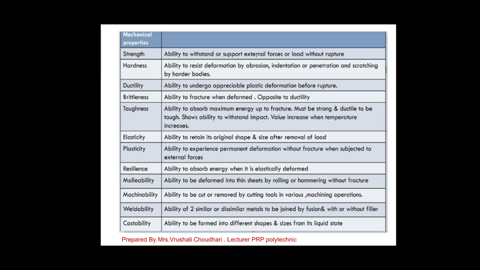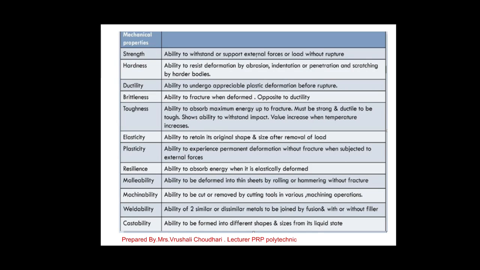Toughness: the ability to absorb maximum energy up to fracture. It's called toughness, due to which metal is strong, ductile and tough. So the ability to withstand impact is called toughness. Elasticity: the ability to retain its original shape and size after removal of load. It's called elasticity.